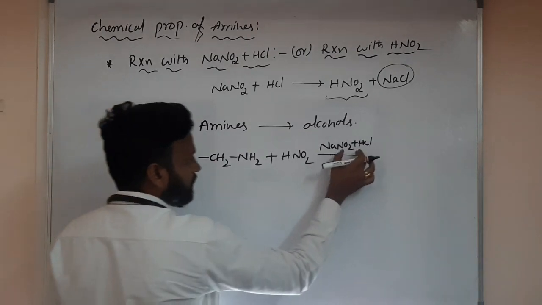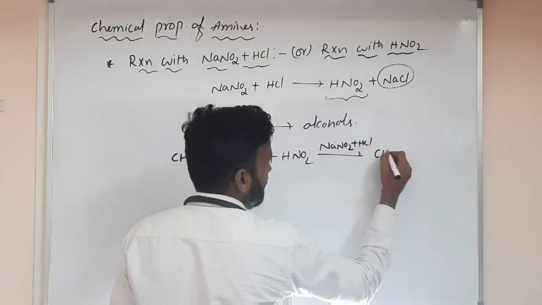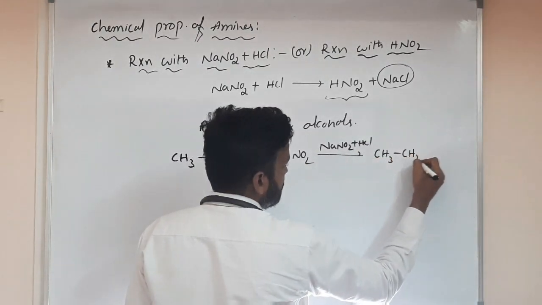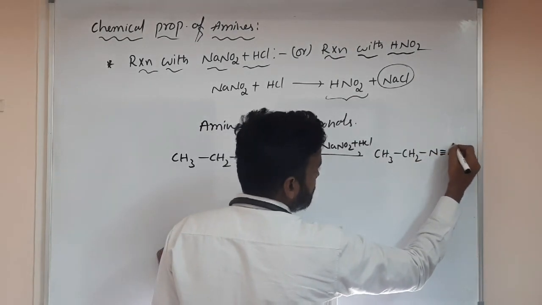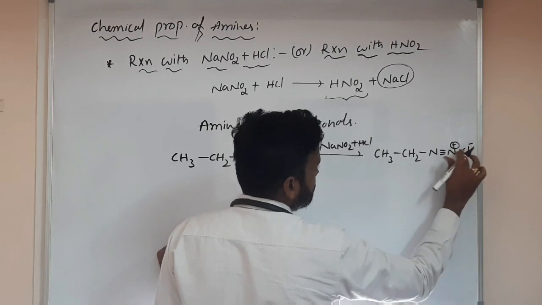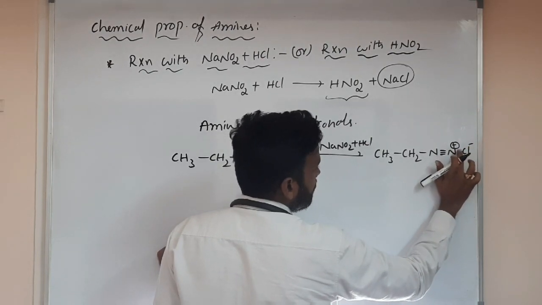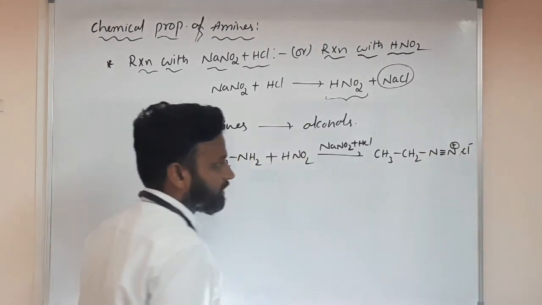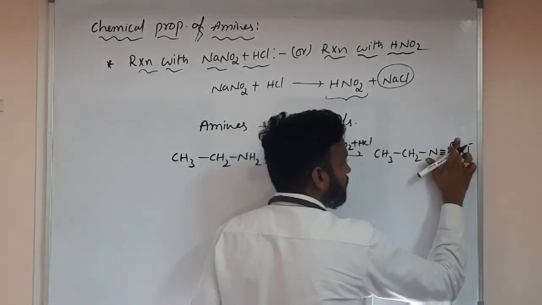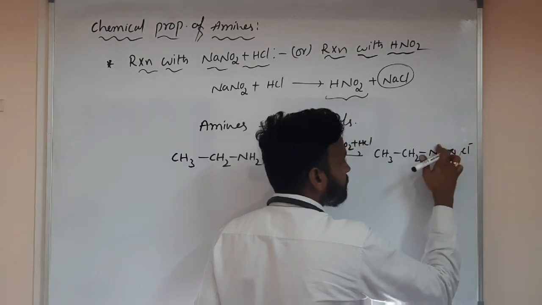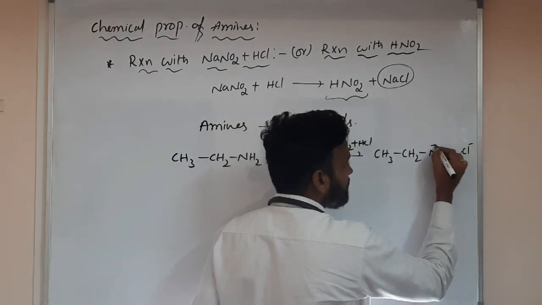When these react, first you will have CH3CH2N2 plus, N triple bond N plus, and Cl minus. N2 plus like that. Understood? So here you have N triple bond N. So N2 plus and Cl minus.